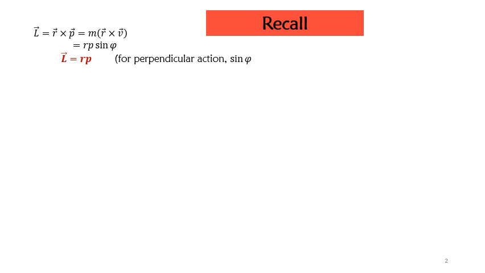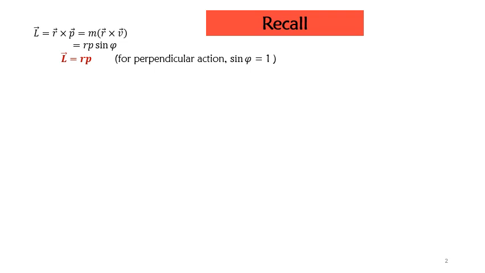And because linear momentum is the product of mass and the velocity of the moving body, and velocity is also a vector quantity, you bring out the mass and have mass times the cross product of the radius of rotation and the linear velocity of the moving body.